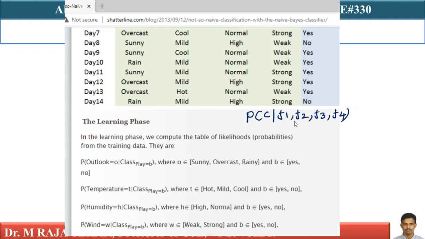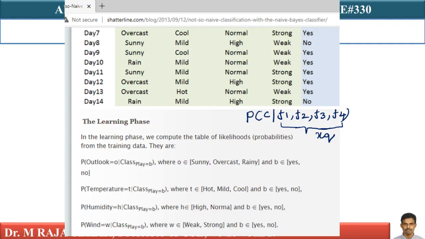Given a data point, this is important, given a query point xq with these 4 features, I have to compute the probability of C given xq, that is, the query point with 4 features F1, F2, F3, F4.